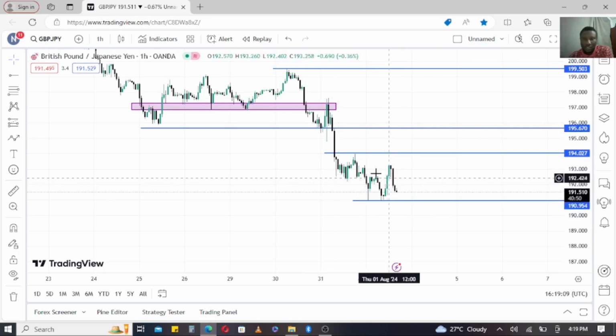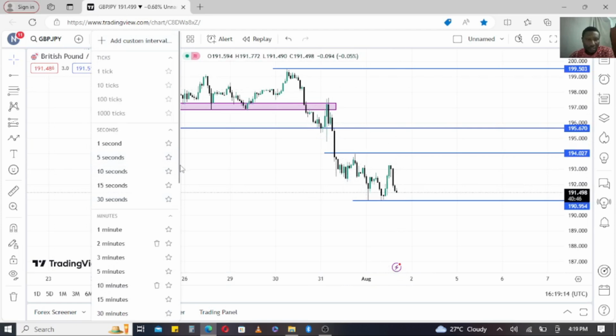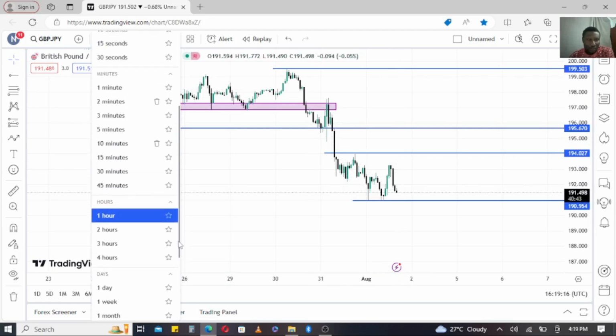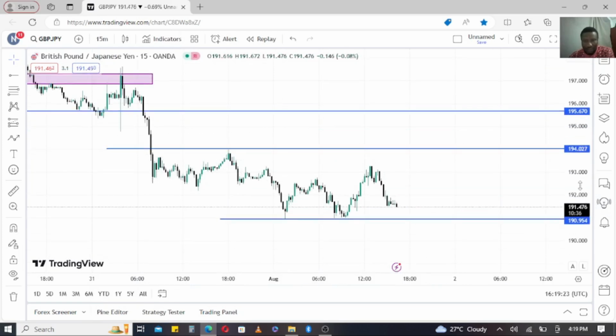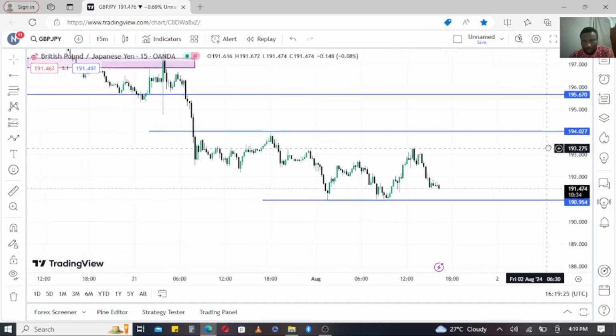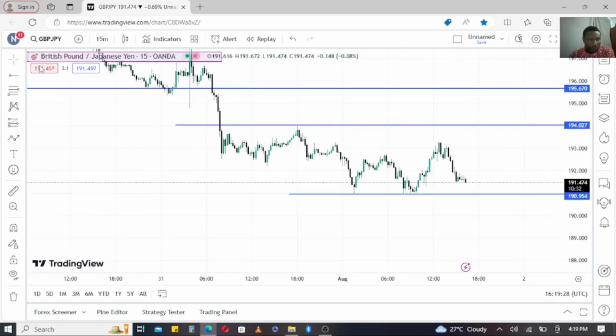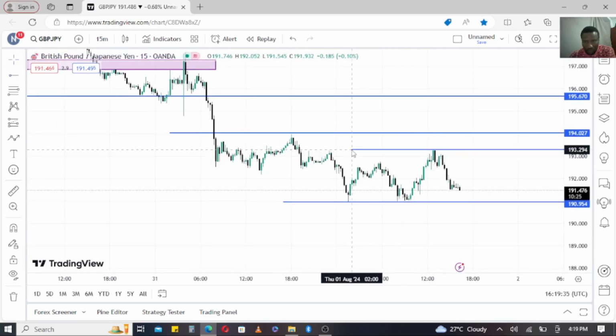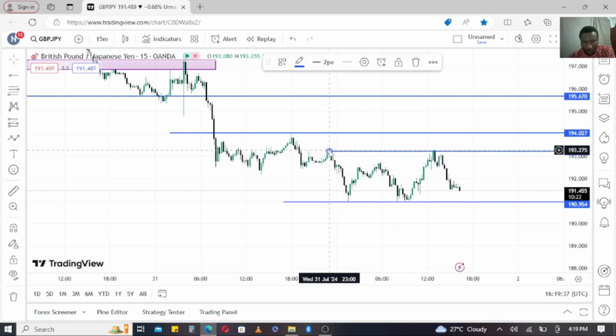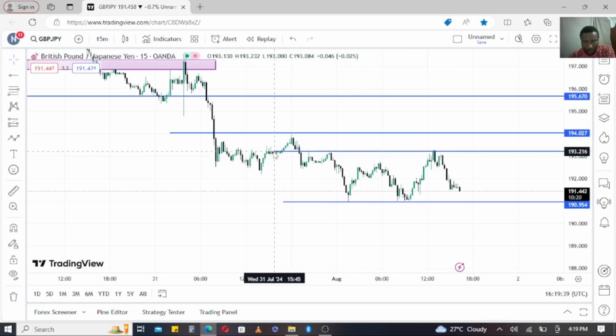Okay, so we know we are in a downtrend, but let's go to the 15 minutes time frame and see what is actually happening. So in the 15 minutes time frame, you can see that the market is choppy, some kind of consolidation. So let's take note of this level. I also take note of this level here that has been tested like 3 times.